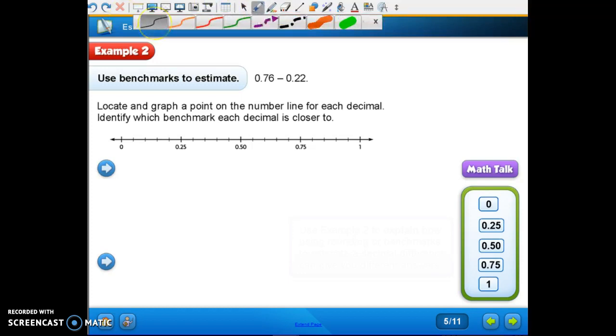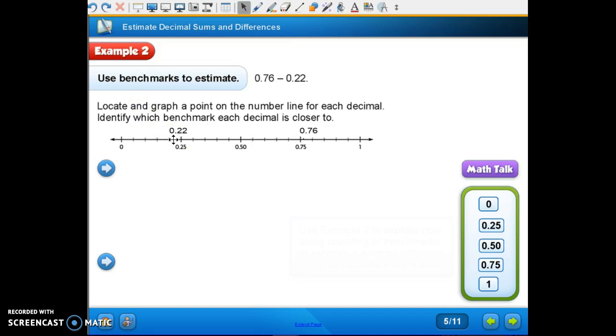It would be just past 75, just 1 point past it, so it's not going to be very far away. And then 22 hundredths, what will that be close to? 25. Okay, remember that this mark is 20. And so 22 would be not quite halfway. Okay, go ahead and label those on.